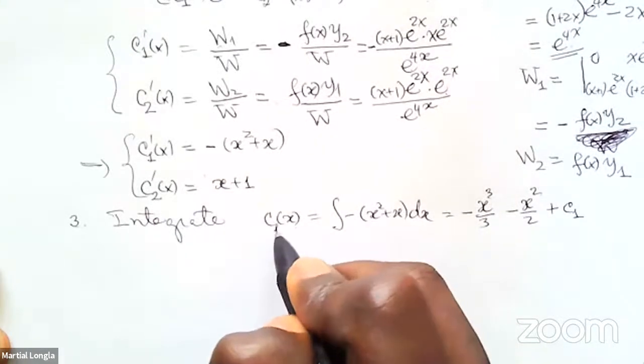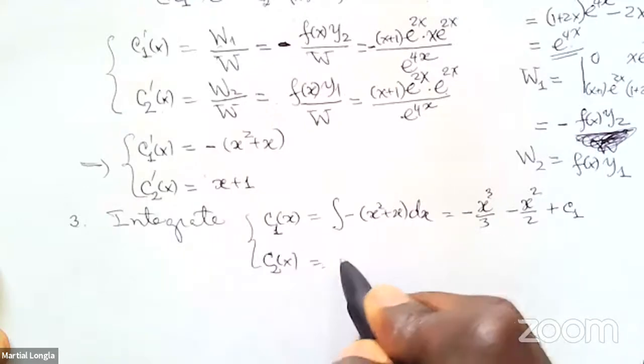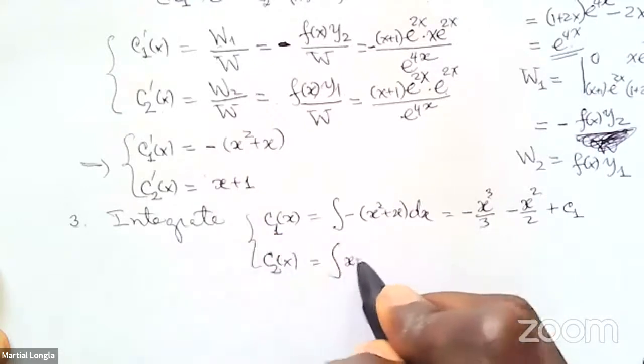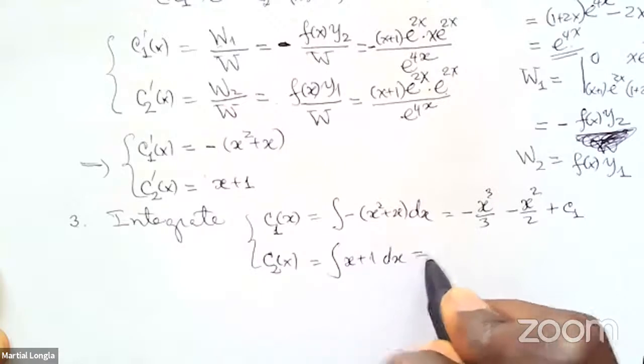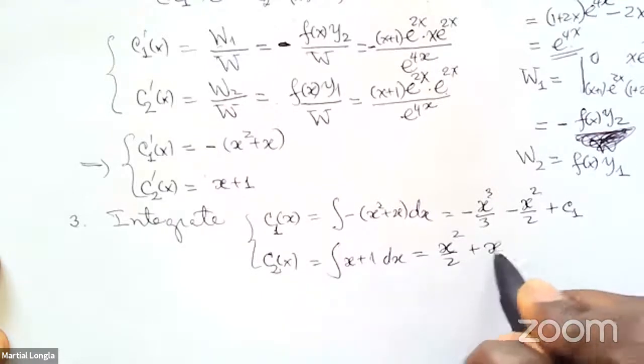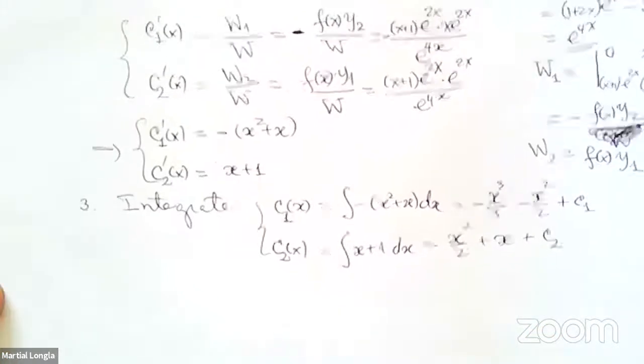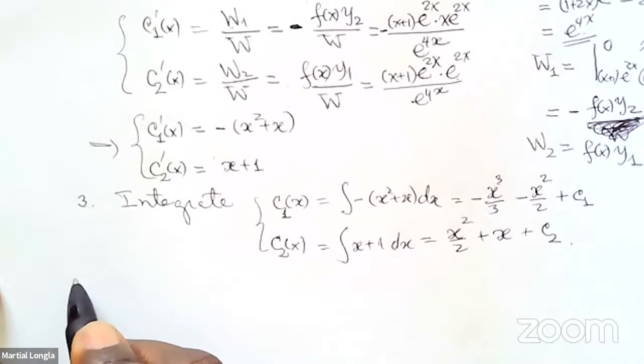That's c1. And then c2 of x is therefore the integral of x plus 1 dx, which is x squared over 2 plus x plus a constant c2. And that's how you get down to step 4.